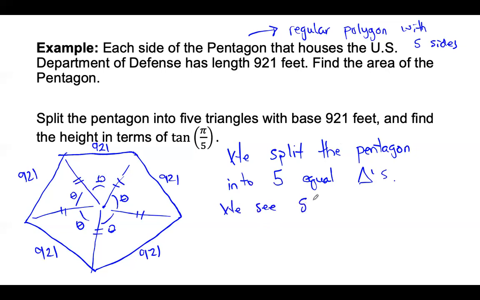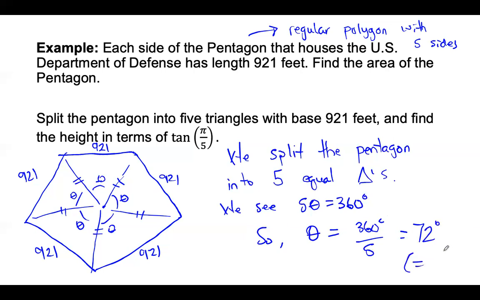So 5 times our theta is equal to 360 degrees. So our angle here is 360 degrees divided by 5, which is 72 degrees, or 2/5 pi radians.